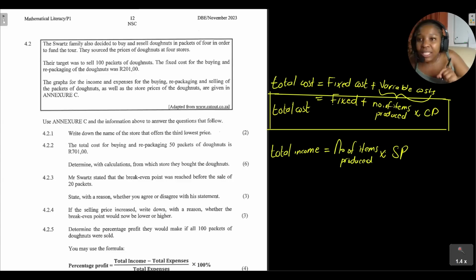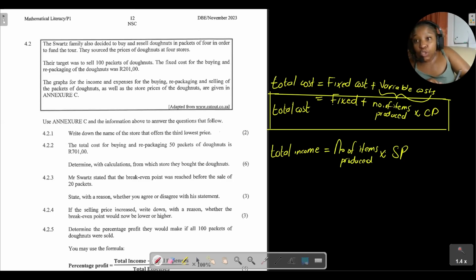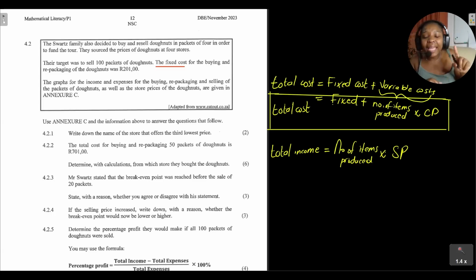It says that the Swartz family also decided to buy and resell donuts in packets of 4 in order to fund the tour. They sourced the prices of donuts at 4 stores. Their target was to sell 100 packets of donuts. Then we are told that the fixed cost of buying and repackaging of the donuts is 201.